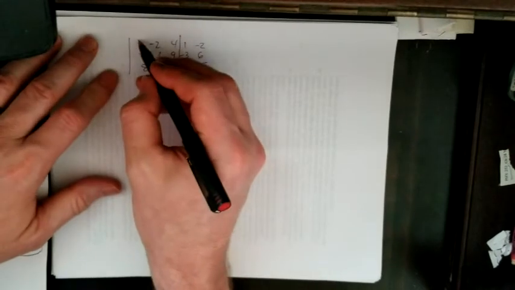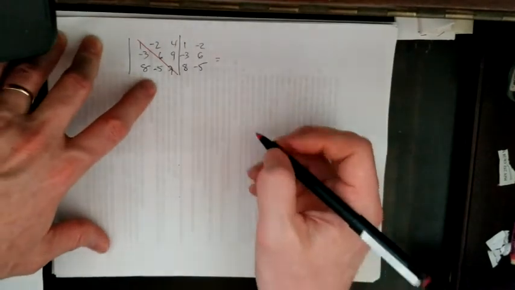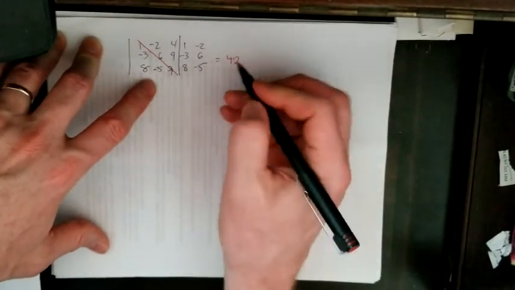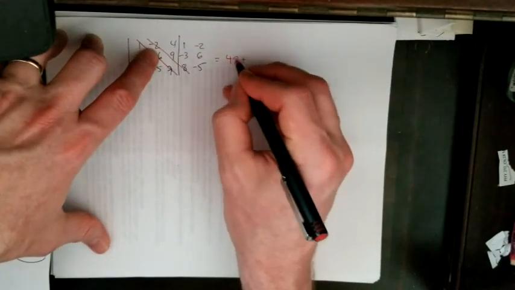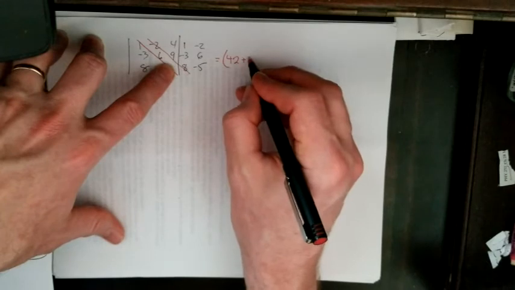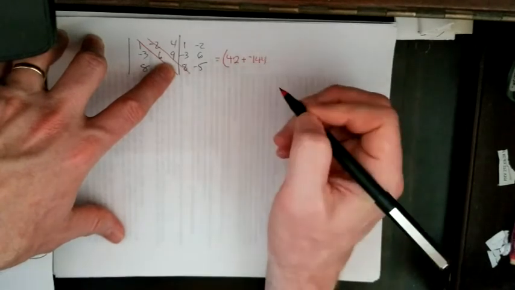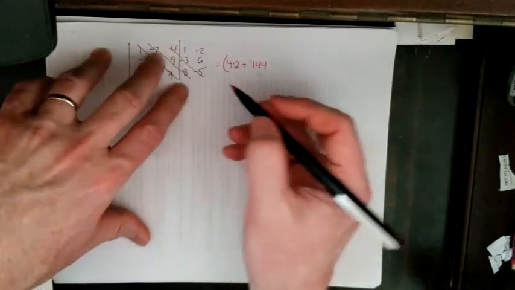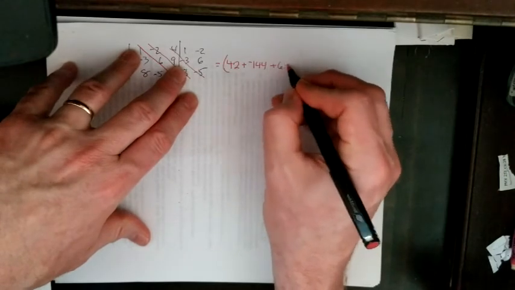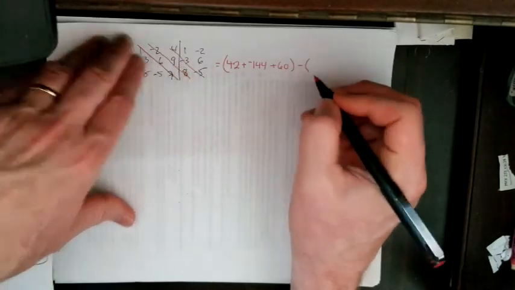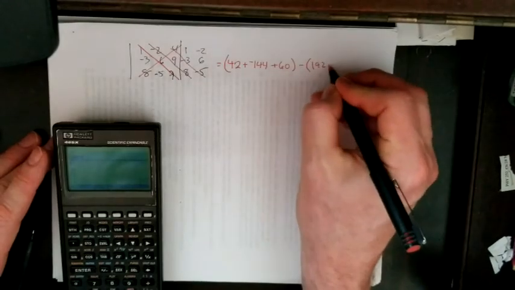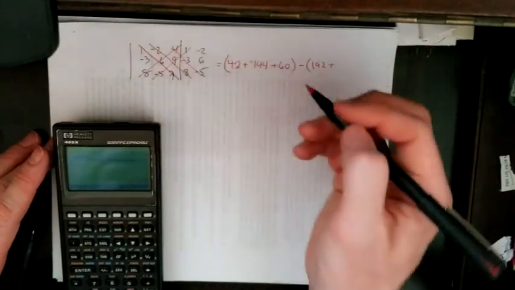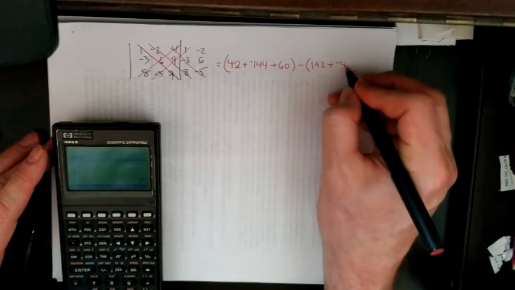Okay. I'm going to start in the upper right-hand corner, and I'm going to multiply those three numbers together. So that's 42. Then I'm going to multiply those numbers together. 144, so negative 144. Then I multiply those together right there, which is plus 60. Minus, going the other direction, I multiply those together. 192 plus that diagonal right there, that is negative 45.